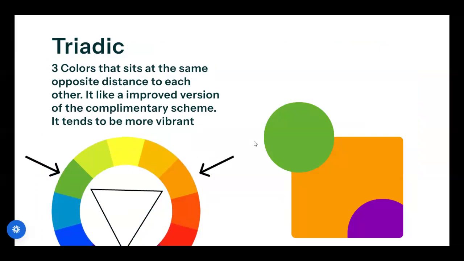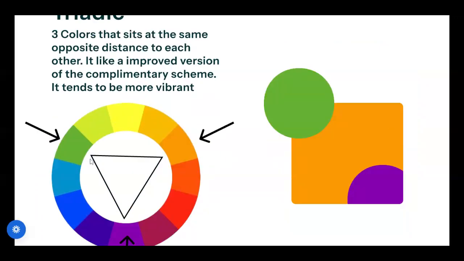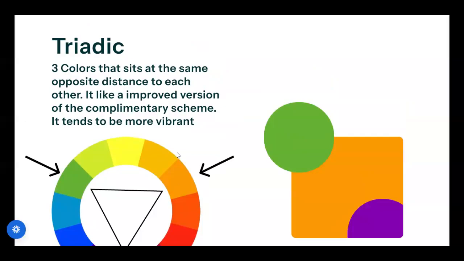Now, the last on the list is the triadic color scheme. Triadic color schemes are basically colors sitting on opposite sides of each other, but there are three colors, not just two. To create a triadic color scheme, you use a triangle and pick the colors on each vertex of that triangle.